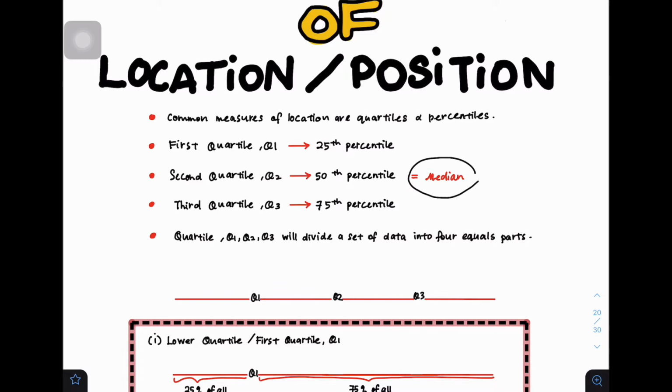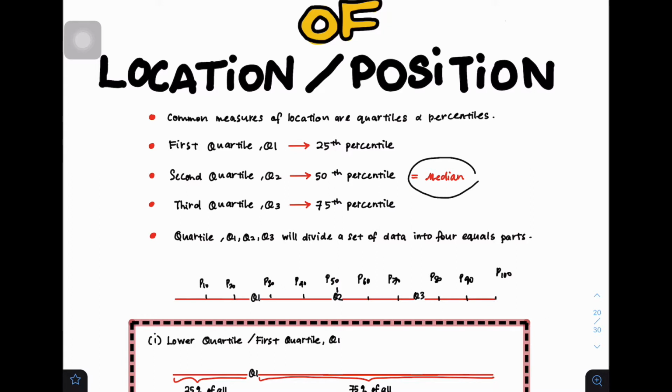Kita ada percentile yang pertama P10 dekat sini, kita ada P20, P30, P40, P50 dekat sini, P60, P70, P80, P90, dan the last point here is P100.